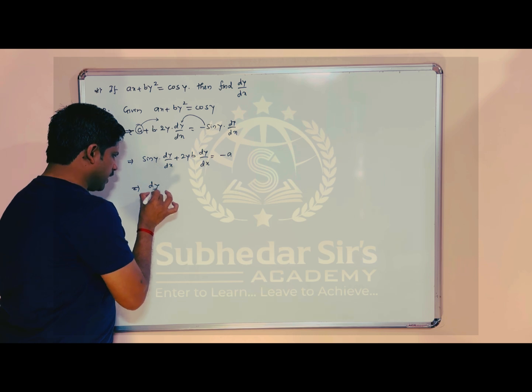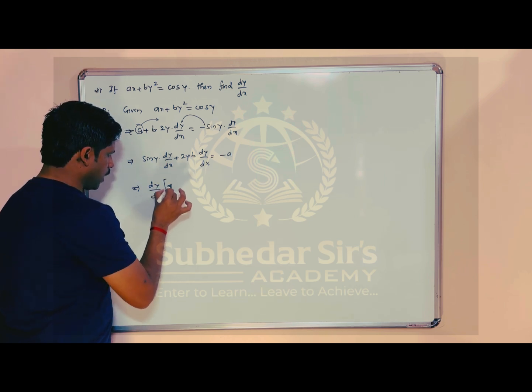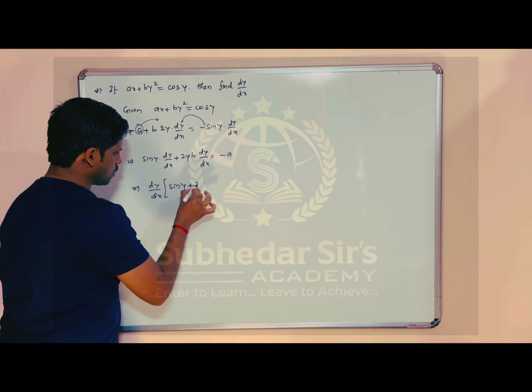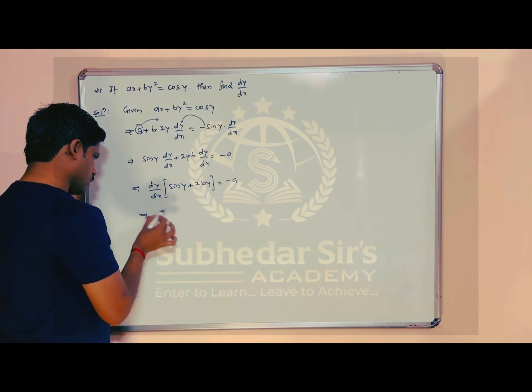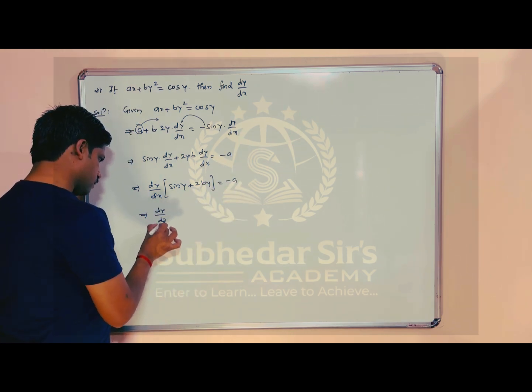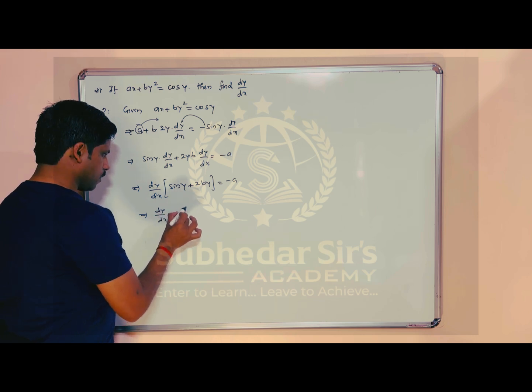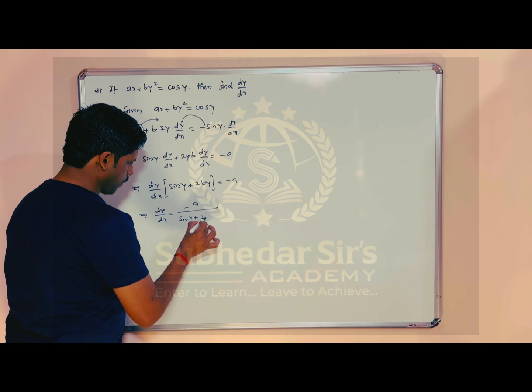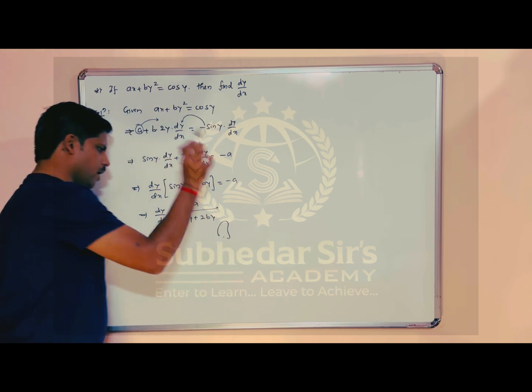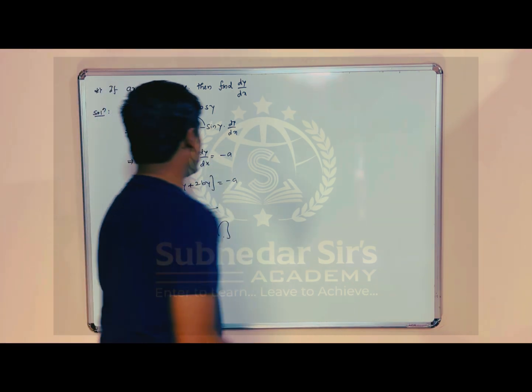Here in the LHS, dy by dx is common, take it outside, and we remain with sine y plus 2by is equal to minus a. So then dy by dx is equal to minus a divided by sine y plus 2by, which is the required solution.